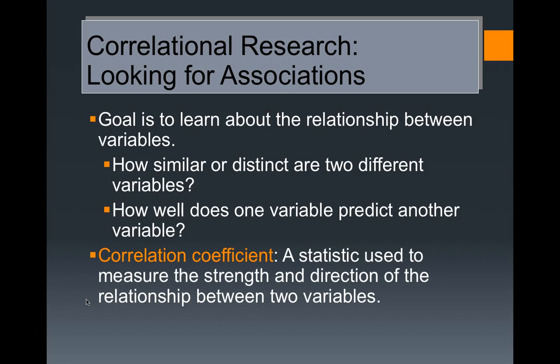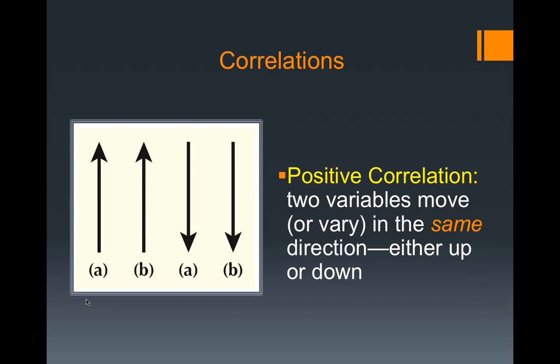Now, we don't need to get into the details about a correlation coefficient, but when you see one, you should know what it means: an indication of the strength and direction of the relationship between the variables.